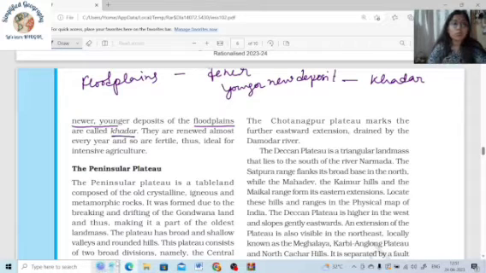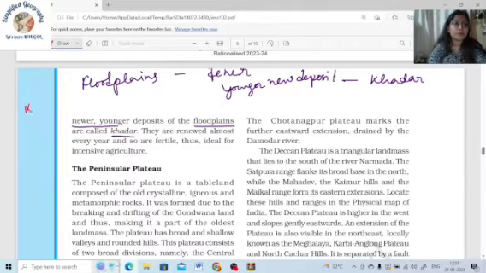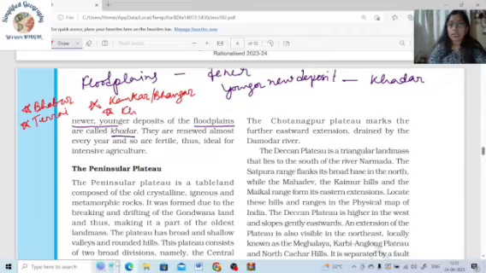Now the most important question comes from the northern plains, that is the difference between them: Bhabar belt, then comes Terai region, and the last we have read Kankar or Bhangar and Khadar. So even the difference also comes.